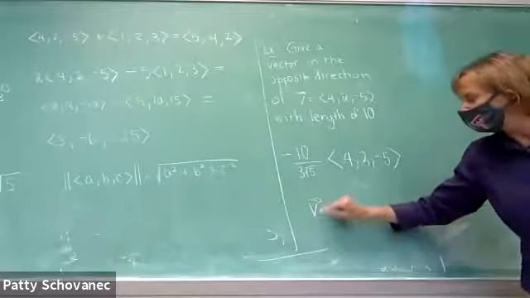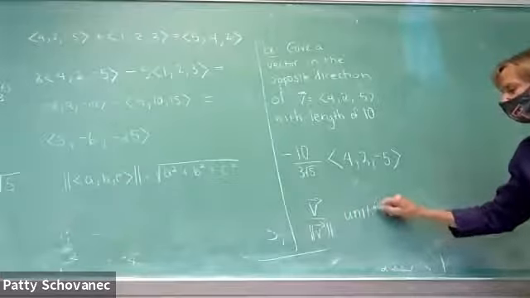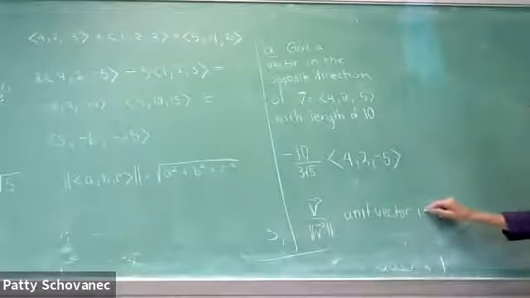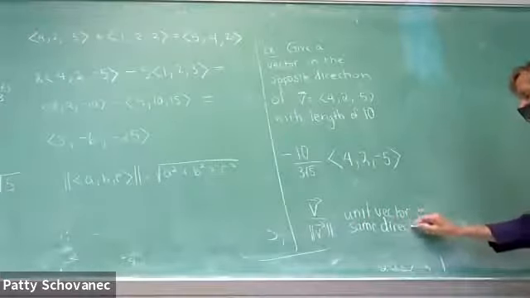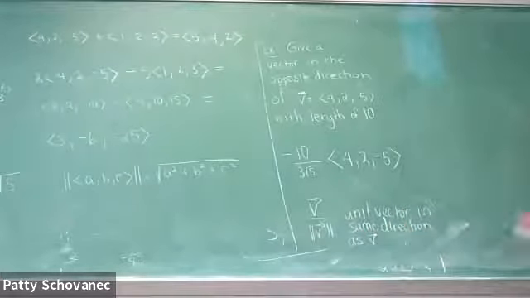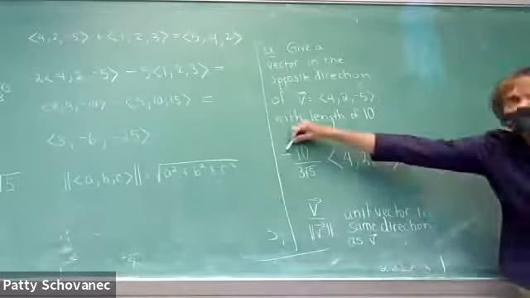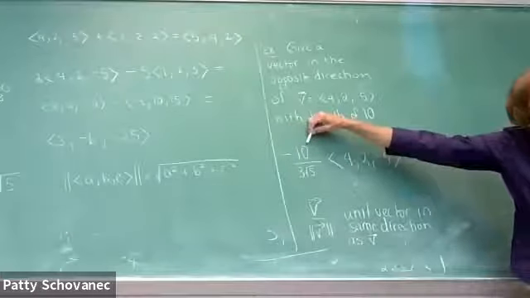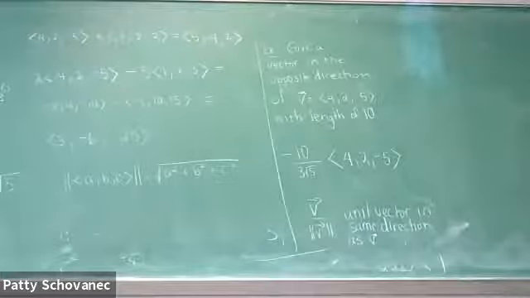V divided by the magnitude of V is equal to a unit vector in the same direction as V. So get in the same direction by dividing each component by its magnitude. Turn it around by changing the sign. Make it length 10 by now multiplying by 10. You can leave it out there, you can stick it inside, doesn't matter to me. Is that too easy?